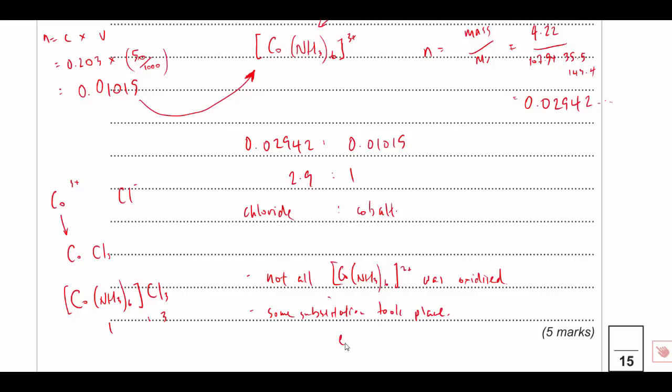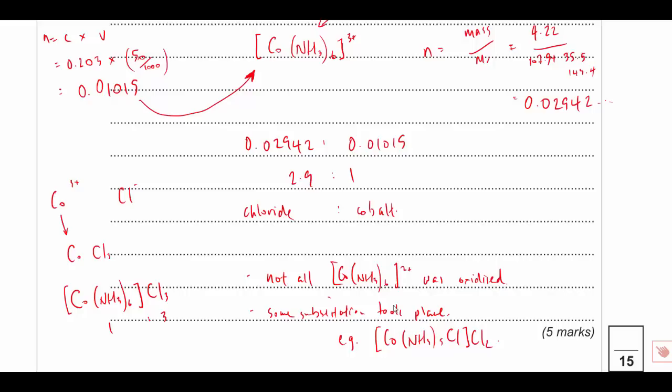So, for example, we might have formed Co(NH3)5Cl2, for example. That's the kind of stuff we're looking at. In this case, obviously these aren't free chloride ions, so they aren't going to be picked up by the test with silver nitrate.